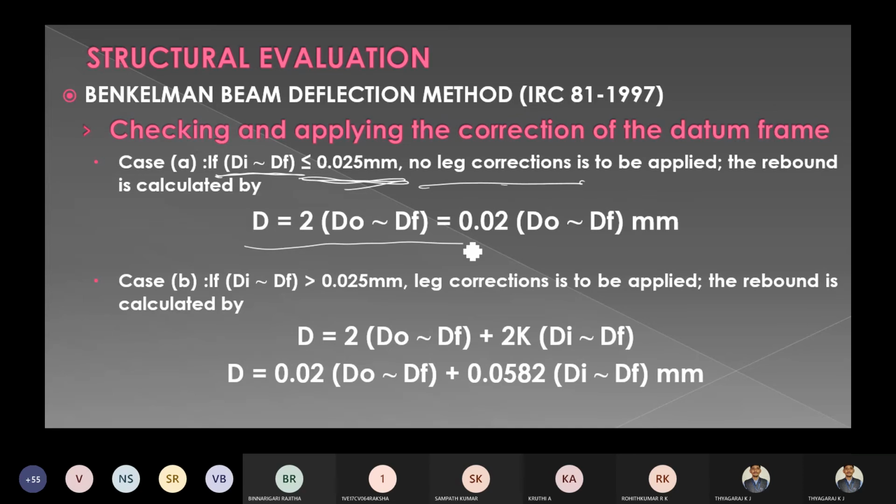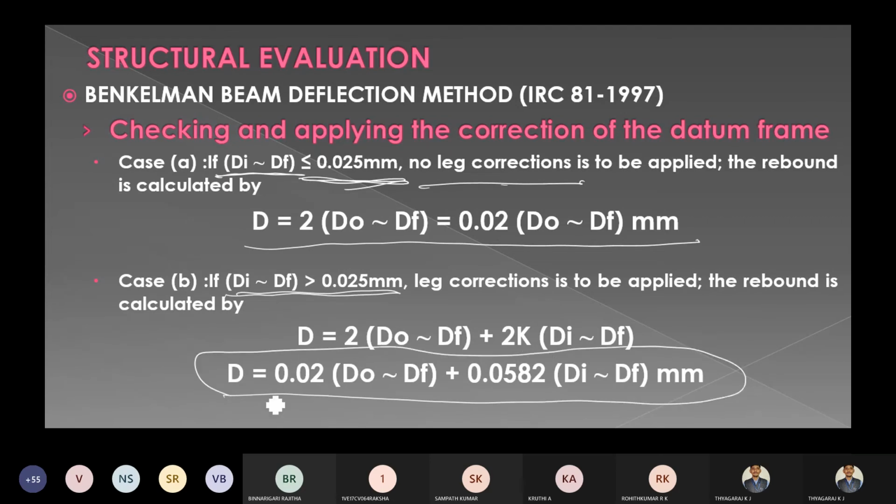The rebound deflection is calculated using this formula. If it is greater than 0.025 mm, leg correction is to be applied and the rebound deflection is calculated using this formula, whatever I am marking. Then there is an extra term called the leg correction factor, which will be provided in the question.